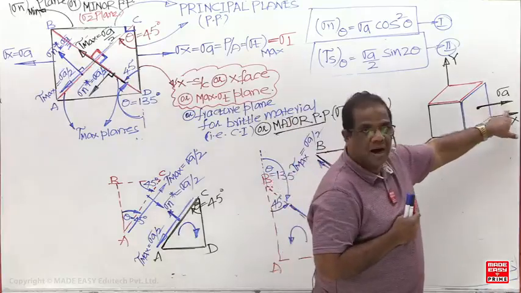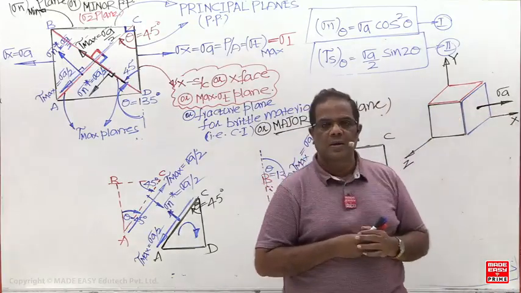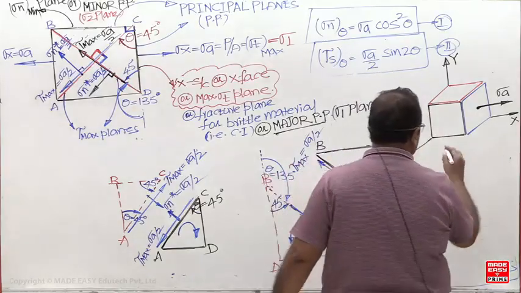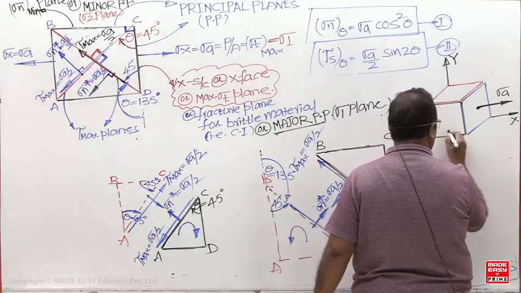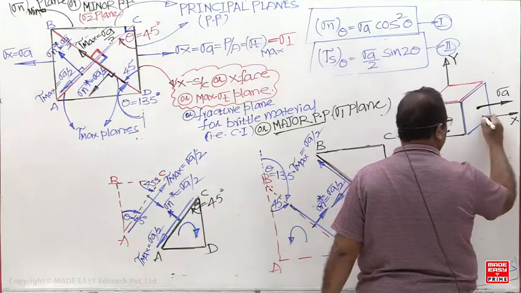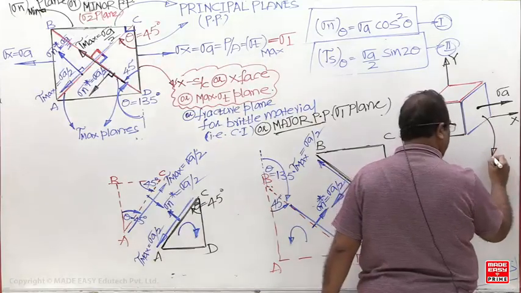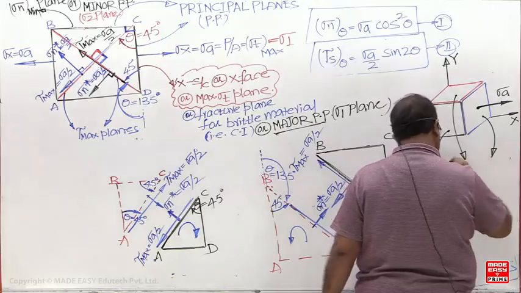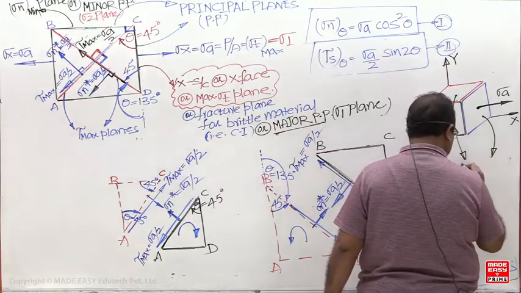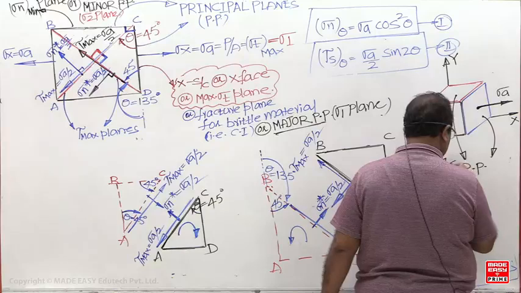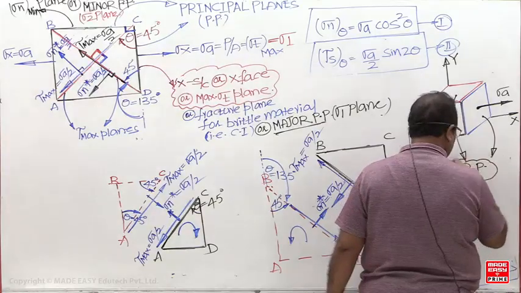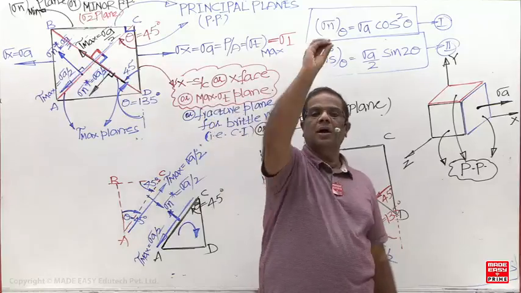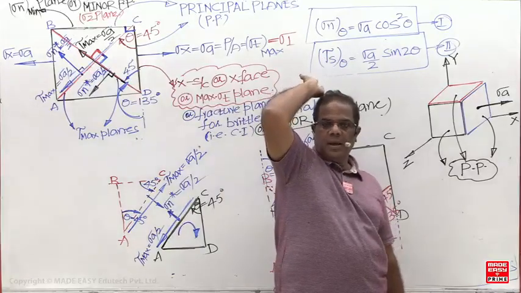This is sigma 1, sigma 2 and sigma 3 are 0. So wherever shear stress is 0, that plane is the principal plane.